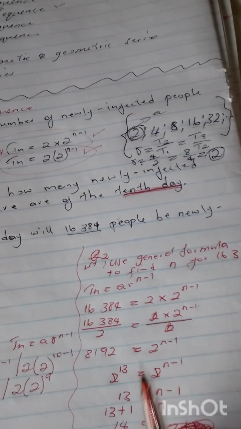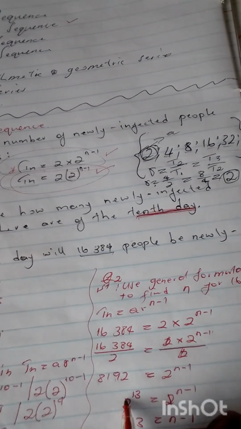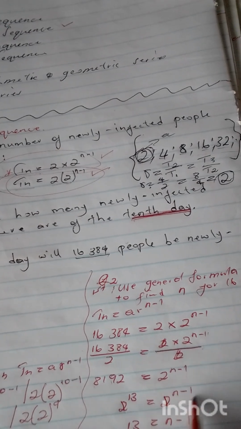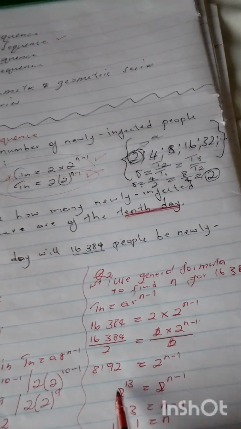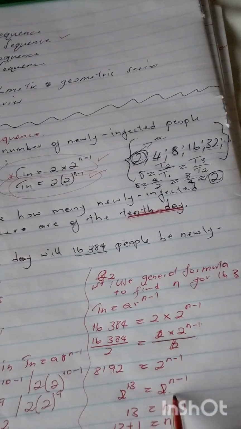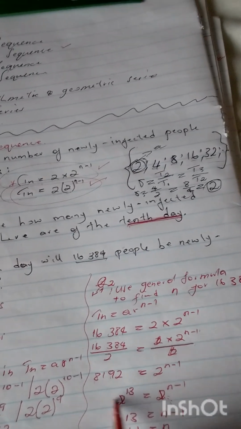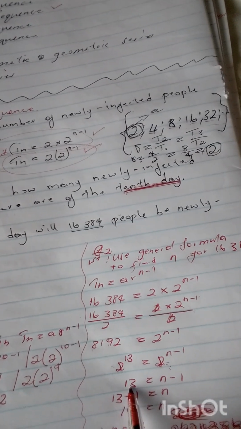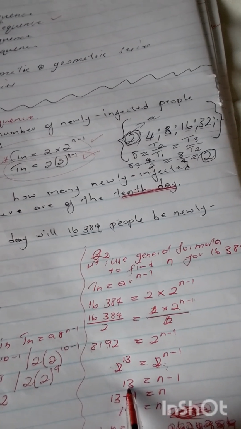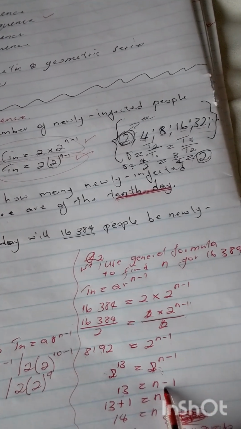Why? Because we want to get rid of these bases so that we are left with only exponents and solve. So these 2s cancel because they are the same bases. Remember, this happens only when the bases are the same. So we have the index there: 13 is equal to n minus 1.